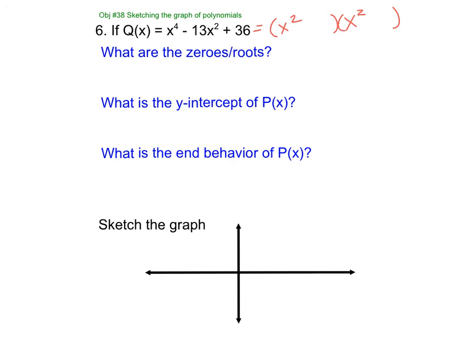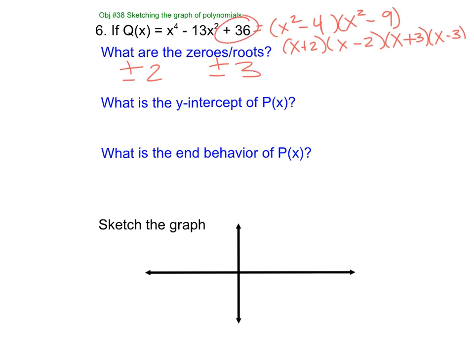So x squared, what multiplies to 36, combines to negative 13, minus 9 and minus 4, which is then x plus 2, x minus 2, x plus 3, x minus 3. So my zeros are plus or minus 2 and plus or minus 3.